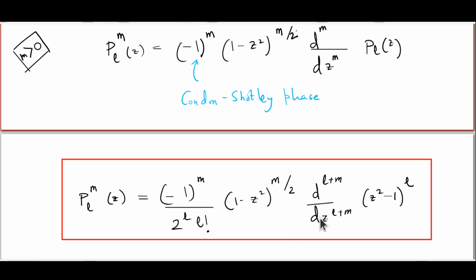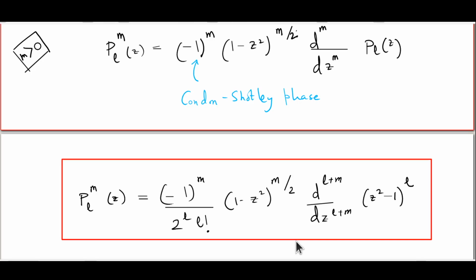Notice that now what we are doing is differentiating the function z square minus 1 to the L plus m times, and since L is always mod m or more, L plus m is always non-negative, irrespective of whether m is positive or negative. So this is a genuine repeated derivative which can actually be worked out. So this formula works no matter whether m is negative or positive. At least the formula is sensible.